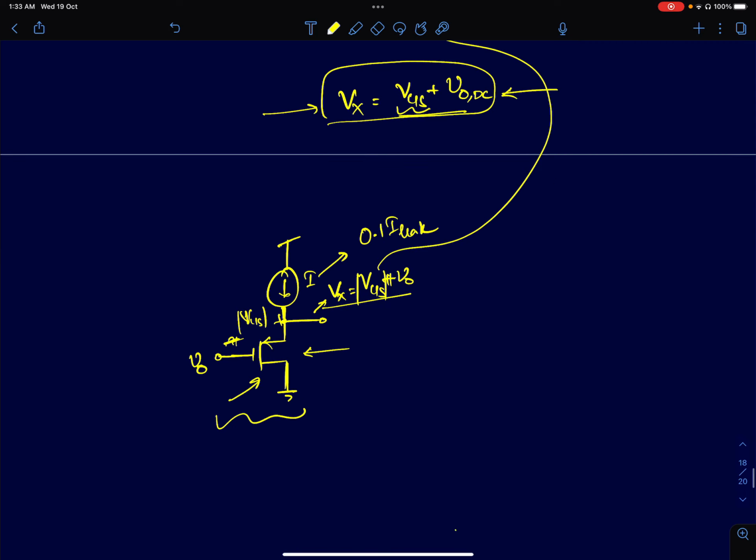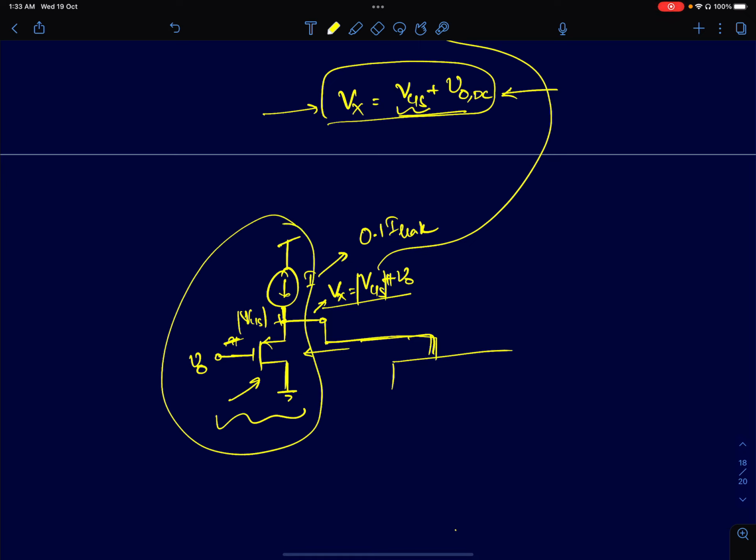Then all I need to do, now that I have this voltage available, is directly connect it to a current mirror. But there is a problem. I can't directly connect this to a current mirror because this current mirror will act like a load for this common drain amplifier. Which means instead of this current flowing through this MOSFET, this current will end up flowing into the current mirror.